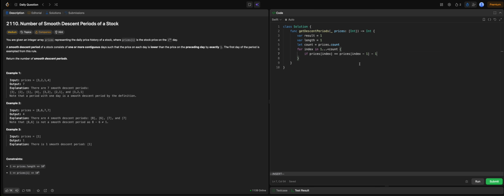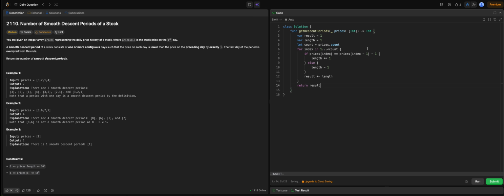Instead of doing the calculation, I just check the minus 1. If it is exactly the same, what are we going to do? We're going to increment the length by 1. If not, we need to reset the length to 1. If everything went well, we just add the length to the result, and then we return the result here.